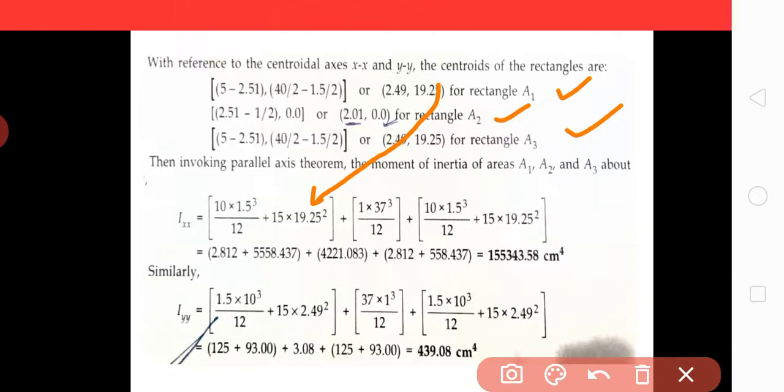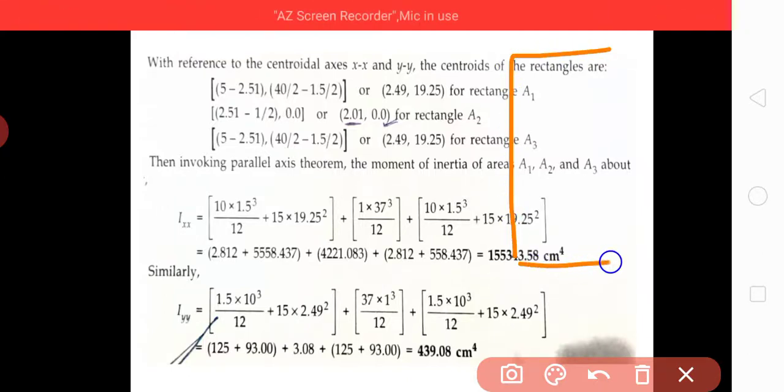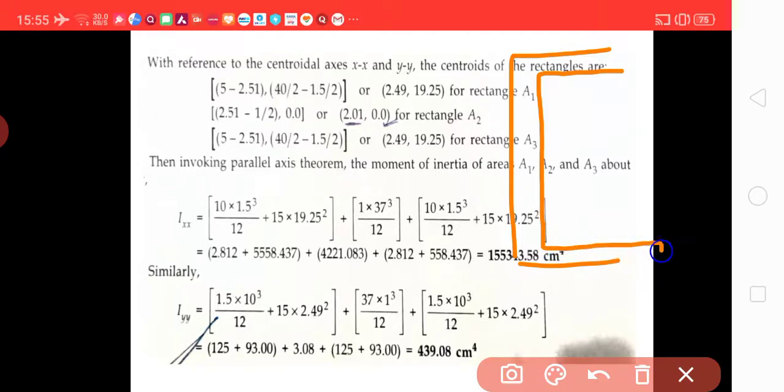Then 1 into 37 cube by 12, because its center is already on the centroidal axis. If you consider area number 2 like this, it is the block of the channel section.